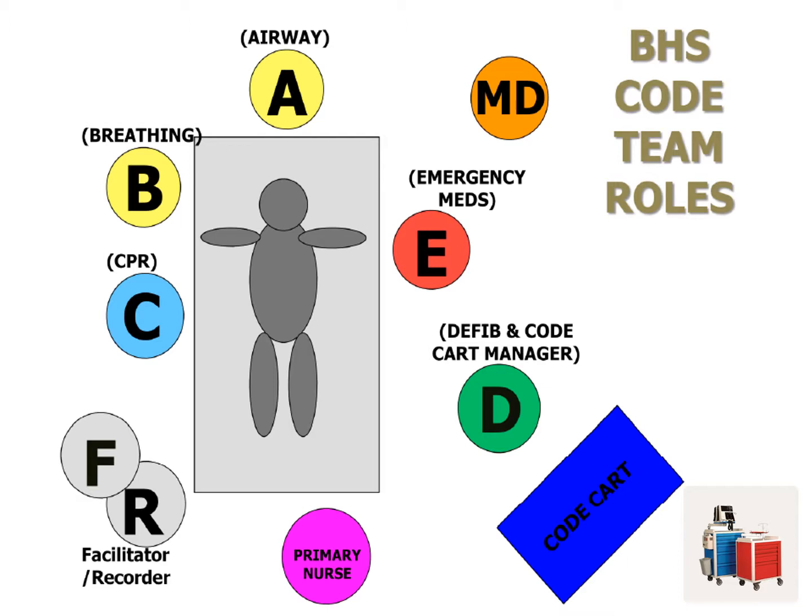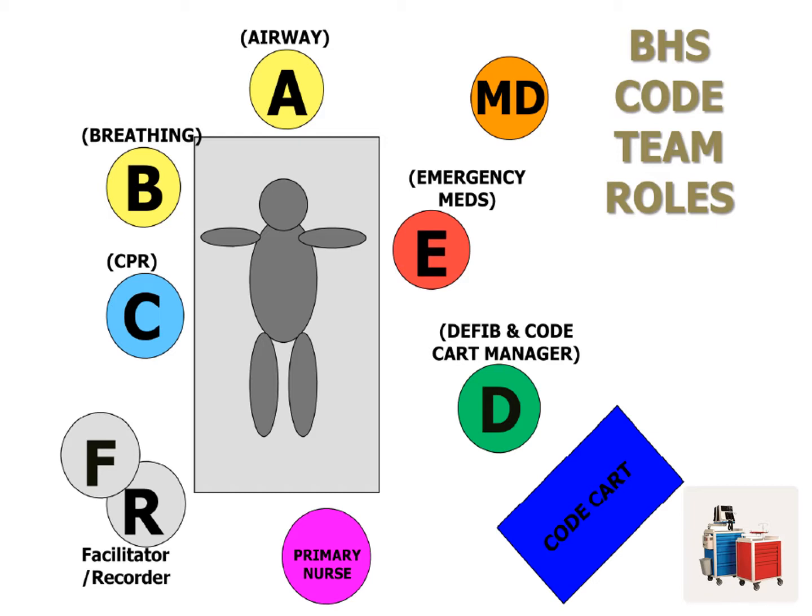Emergency meds, position E, is an ALS individual who will administer medications following current guidelines or administer medications following provider orders. The facilitator recorder, position F, facilitates and records the code, ensures all roles are assumed, ensures BLS, ACLS guidelines are followed, and needed interventions occur in a timely manner.